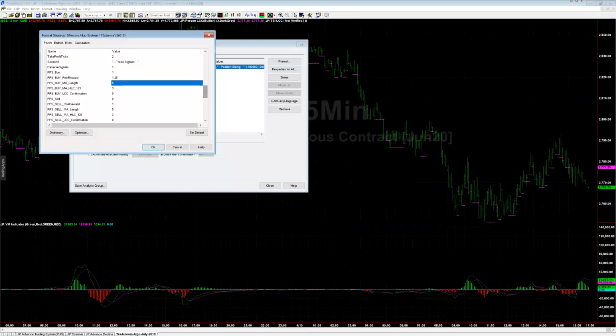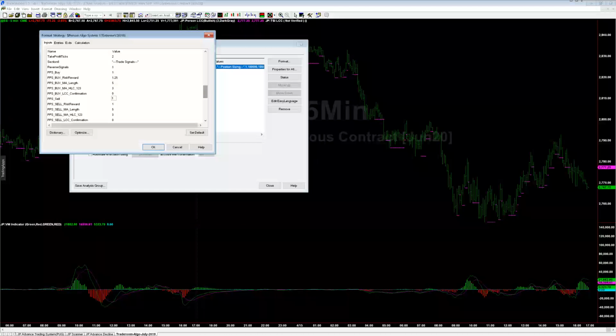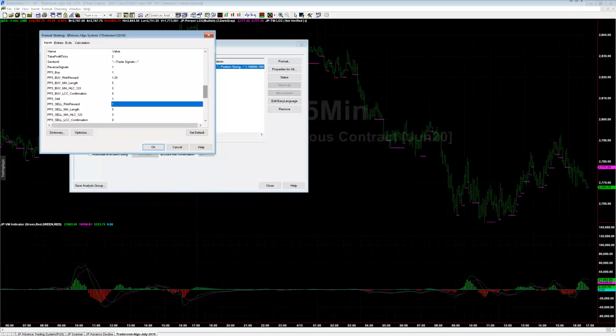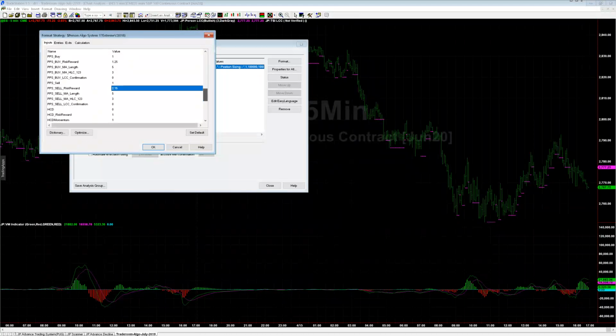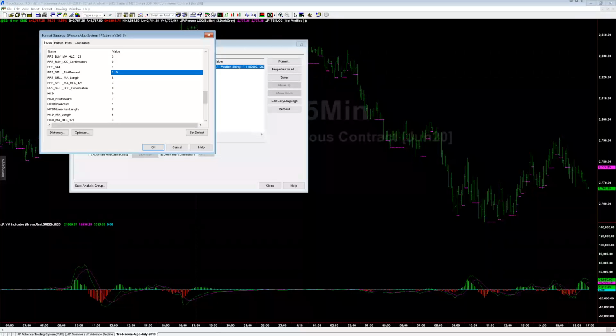Moving average, 5-period moving average, based on a close. The sell signal, let's go with 1. A risk reward ratio, I'm going to go 2.15 because markets go down a lot farther and faster than they go up. So a risk reward ratio might be best suited in this environment, when the markets are more in a bearish type of mindset, to go with a higher risk reward ratio.